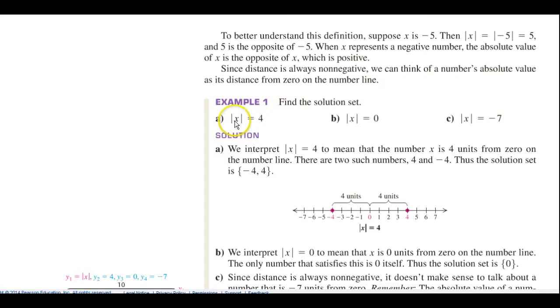So what possible values can you have inside there that would make this statement true? Well, it could have been -4, or it could have been +4. So that's what we need to do when we are dealing with absolute value equations.